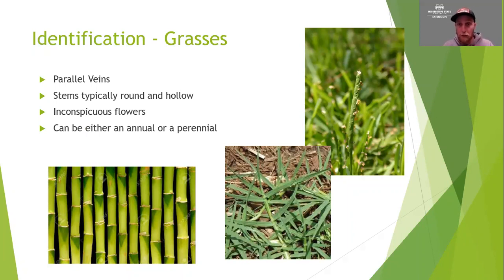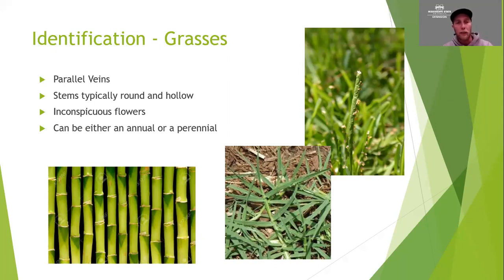You can see here, up in the top right, a centipede seed head, and that's the flower. So you can see it's very inconspicuous. It's not real showy, not going to attract a lot of insects, pollinators, or butterflies, because most of these are going to be pollinated by wind. Like corn, for instance, the tassel on the top isn't very showy.